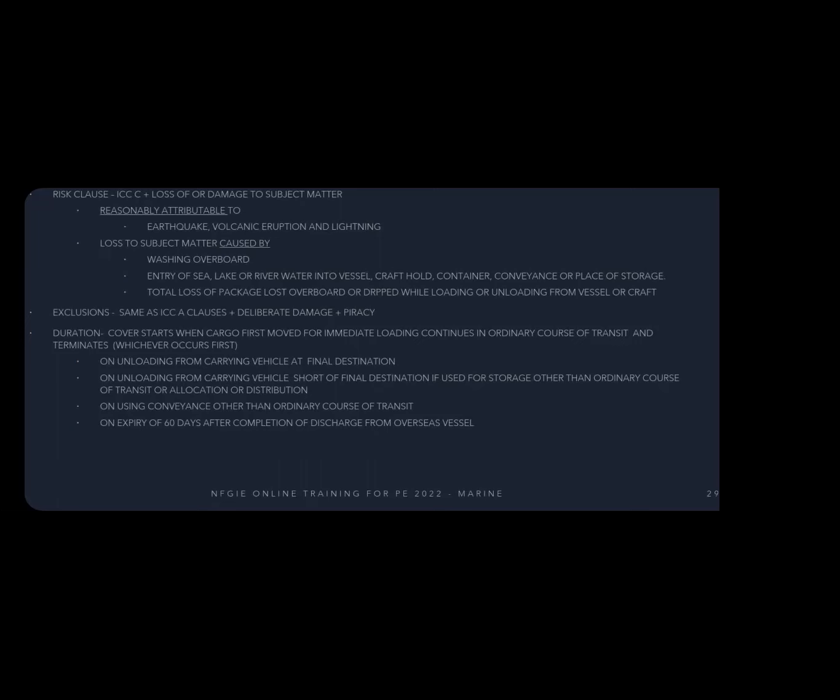So if I'm asking you, while unloading, if there is a damage, is it covered under ICCB perils? What will be the answer?